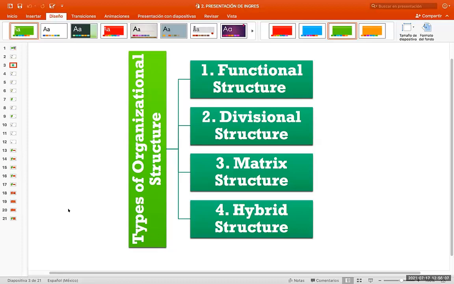Okay, another question. Let's see. Which is the point that determine the corporative structure.